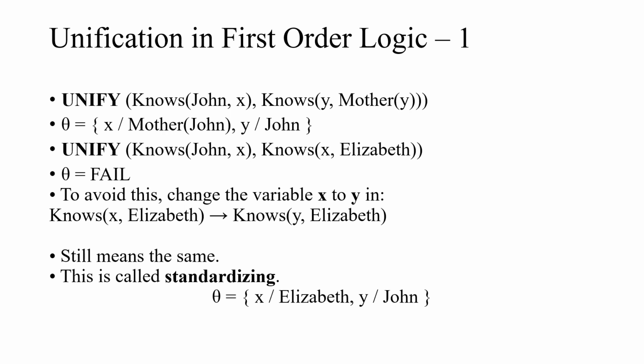Here we cannot store the two names, because John is a different name and Elizabeth is a different name, but x is only one variable. So it is possible to store only one of the names, so the condition should fail. So the same condition is happening here.